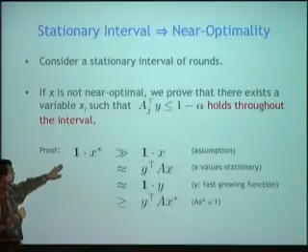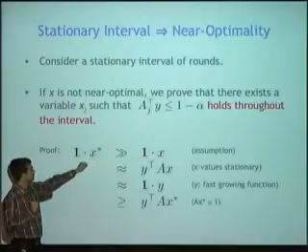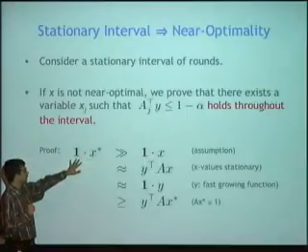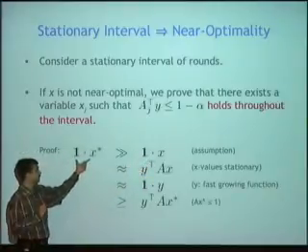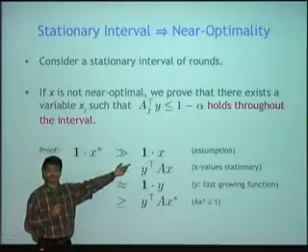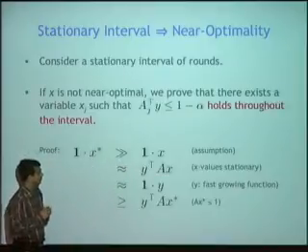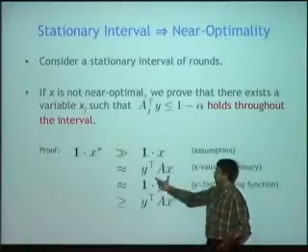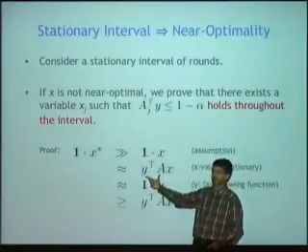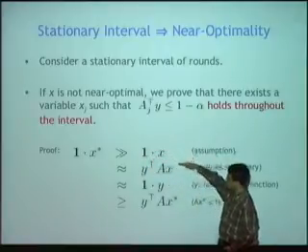So let's say x star is the optimum solution. From our assumption that x is not near optimum, we know that 1 dot x star is much larger than 1 dot x. These are the objective values. Now since x values are stationary, all the aj transpose y's are approximately equal to 1. So this is roughly equal to this.